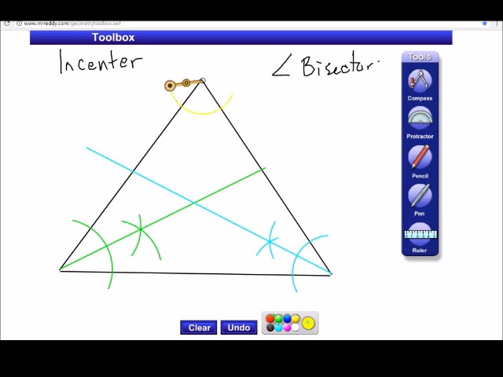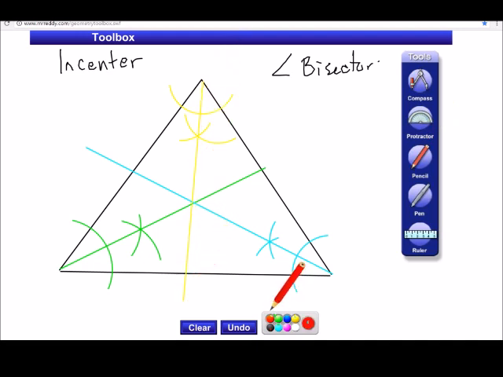Intersection points, use our same setting, find the intersection point on the interior of our angle, take our straight edge, draw our angle bisector.